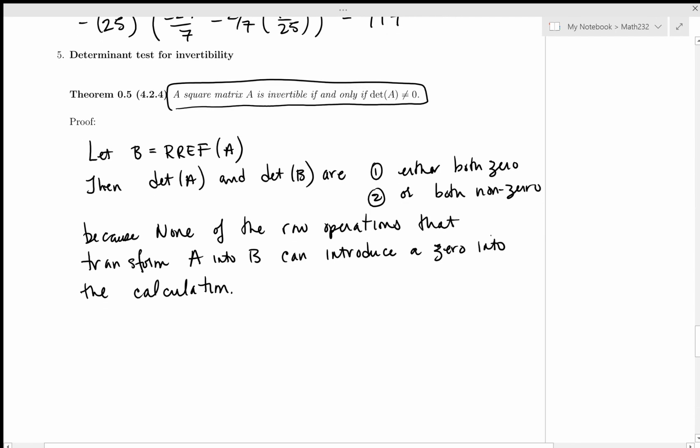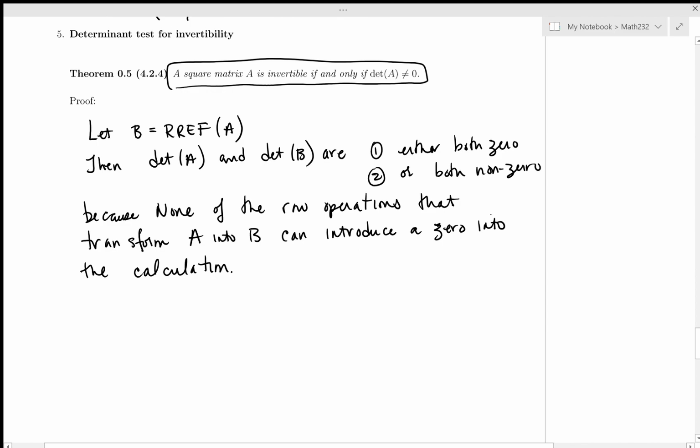Okay, all right, so this is one of those if and only if proofs. We need to show it in both directions. So we'll assume first A is invertible. Then we know immediately that B, which is the reduced row echelon form of A, is I, because we have that big long theorem that we keep adding to, our unifying theorem.